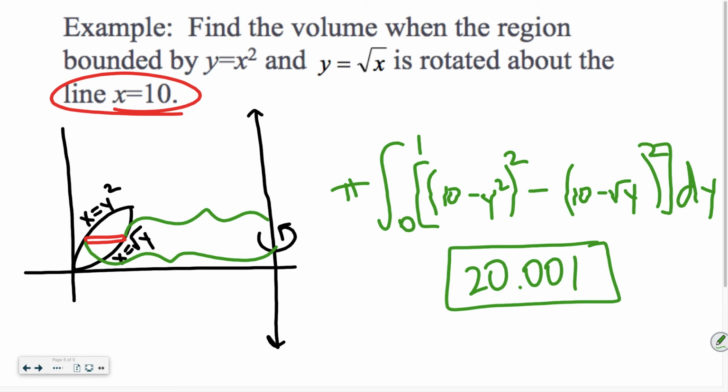So some things we're gonna need to be able to keep straight. Okay. Area versus volume. Area is just the integral of right minus left, or the integral of top minus bottom. Okay. When we get into volumes of rotation, that's when we need our pi's and our r squared minus r squared. Okay. Tomorrow we're gonna learn our last section of 7.2.